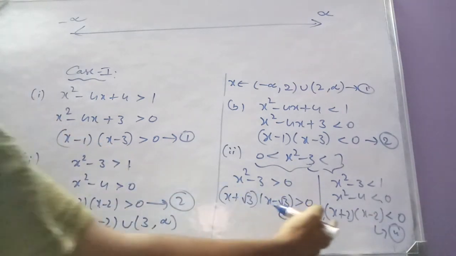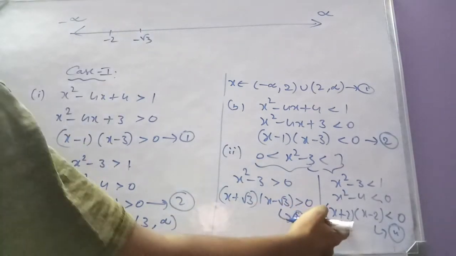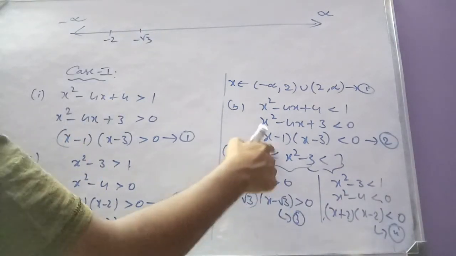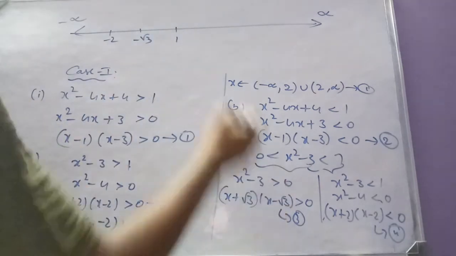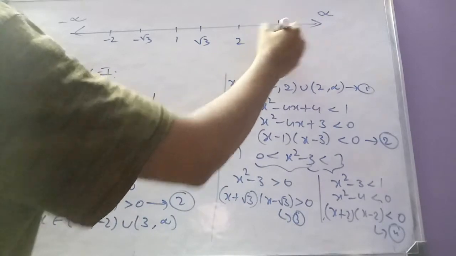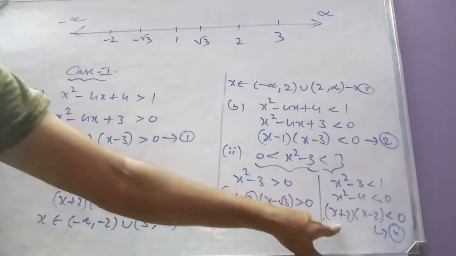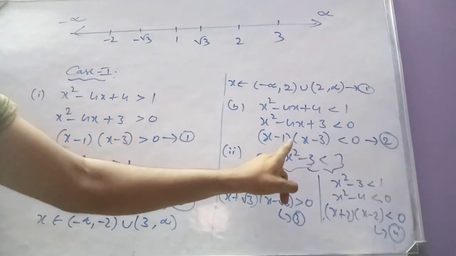So the smallest among all of these is minus 2, and after that minus root 3, and then 1, and then plus root 3, and then 2, and then 3. I have located all the zeros of these polynomials. So 1, 2, 3, 4, 5, 6.